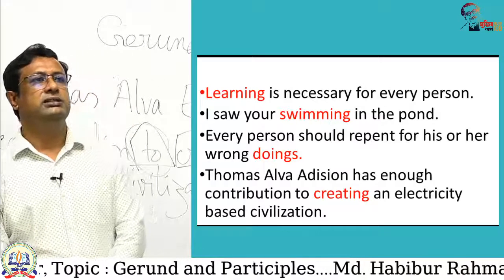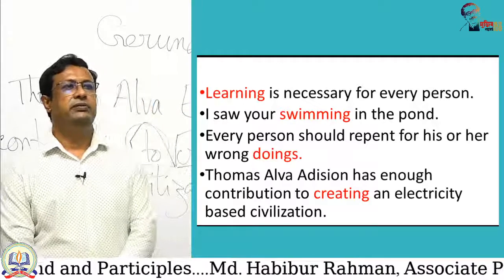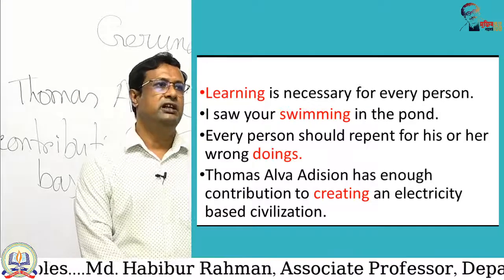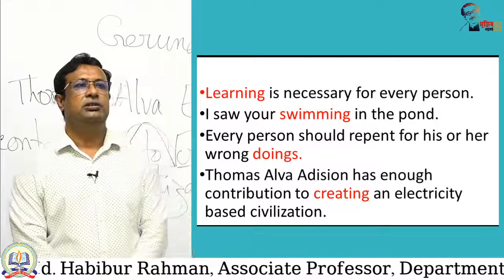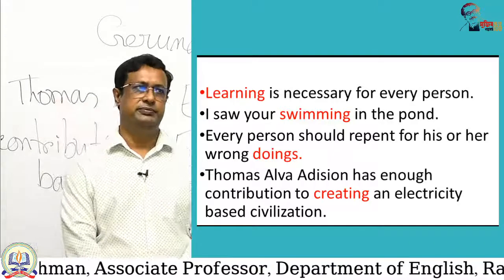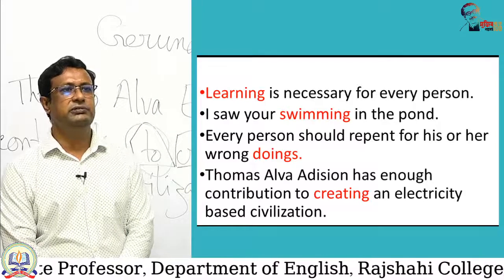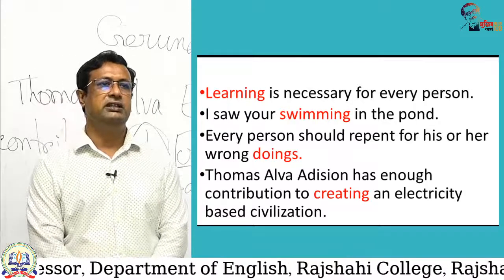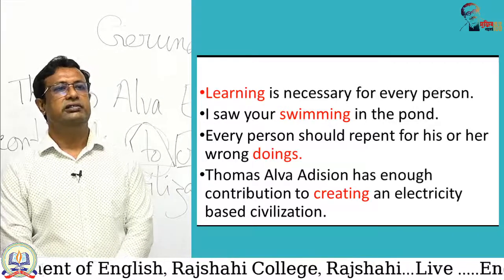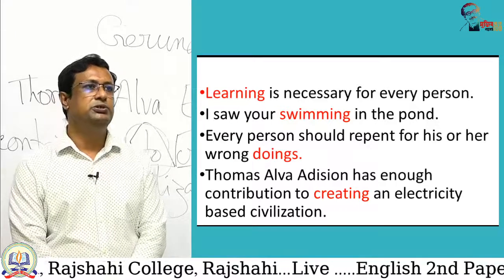Here swimming is the object of saw. Thereafter you have every person should repent for his or her wrongdoings. Here doing is the object to preposition for. And next, Thomas Alva Edison has enough contribution to creating an electricity based civilization. Here creating is a gerund and that is the object of to.